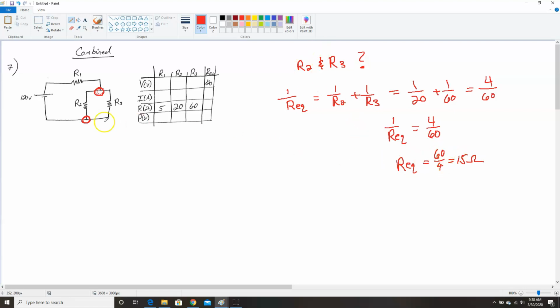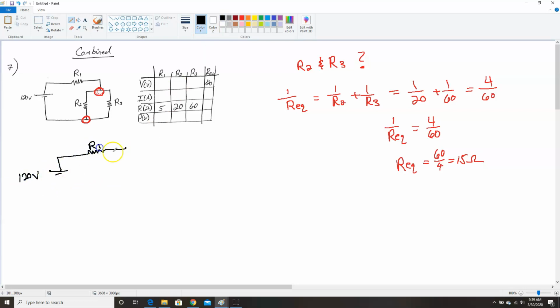So what this tells us is that this whole branch of the circuit right here is actually going to be the equivalent of 15 ohms. What we could do is redraw the circuit and say, here's my power source, 120 volts.